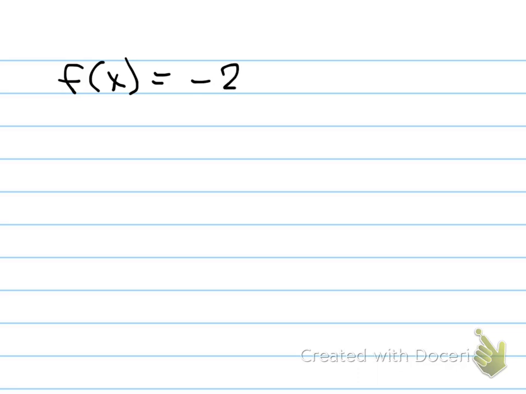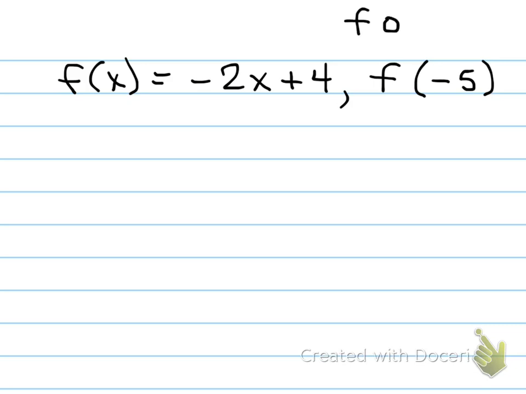We have negative 2x plus 4. And they want you to find f of negative 5. Now, notice I said f of negative 5. That's how that's read.